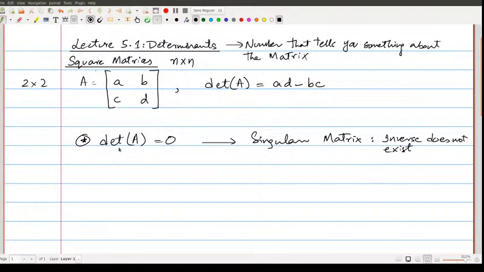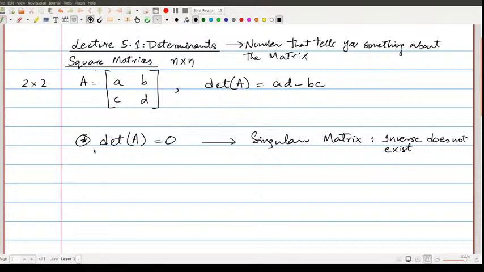Okay, that's really what we usually use a determinant for. It has other applications as well. It can tell you something about the area of a linear transformation, or how the area changes under a linear transformation. It also tells you something about maybe eigenvalues. That's something that will come up soon.